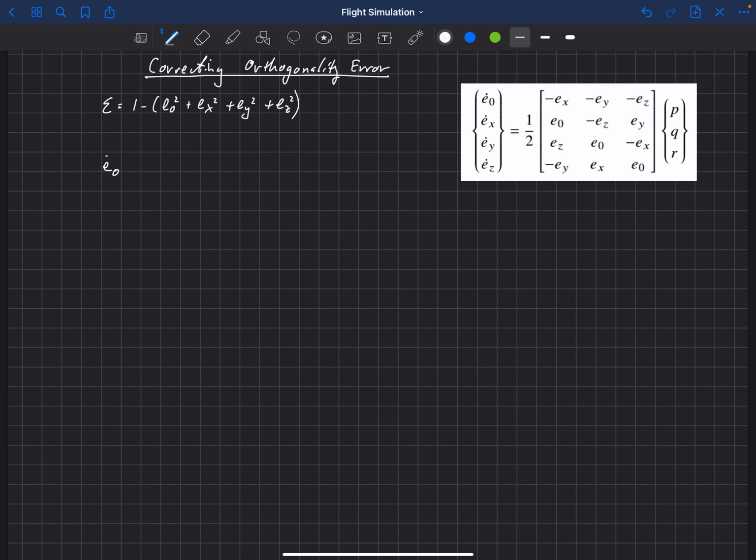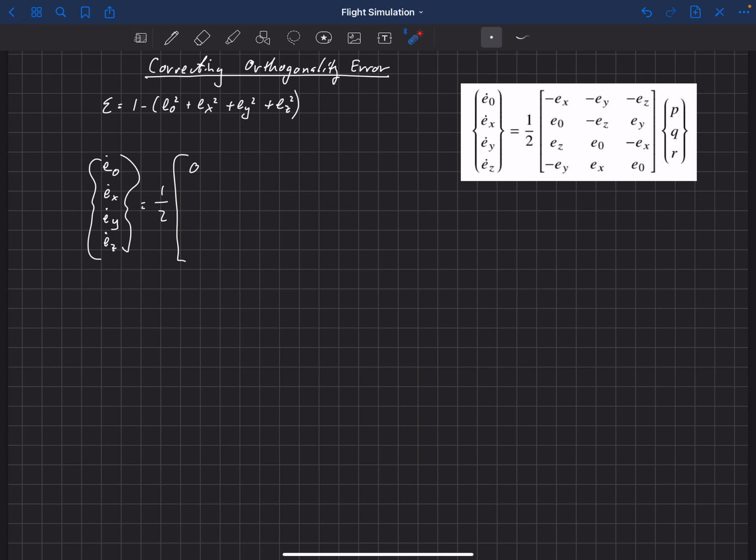We can write E naught dot, E dot X, E dot Y, and E dot Z equal to 1/2 multiplied by, so we can rearrange this and put P, Q, and R inside of this matrix that we're going to develop, and then have the quaternion be the vector that we're multiplying by.